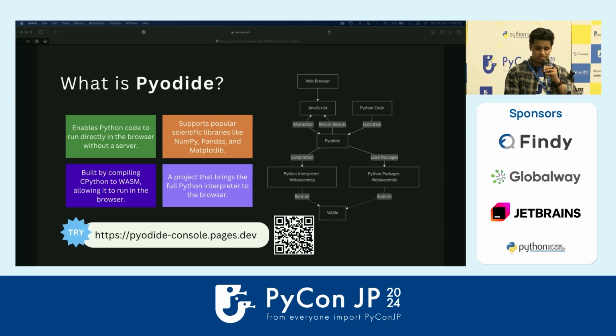If you see the workflow diagram on the right-hand side, the process starts with the JavaScript on the web, which is interacting with Pyodide. That could be triggered by a user action or a script running on the page. Then Pyodide uses the Python interpreter that has already been compiled into WebAssembly, and it allows the Python code to execute in the browser's environment.